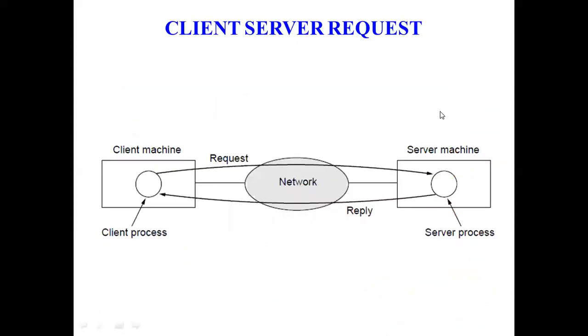So here is a client-server request. This is your client machine and that is the server machine. It is requesting. When an internet service provider comes to you, he goes to the server machine, then he will send you back some link. It is authenticated for the first time whenever he comes to your place.